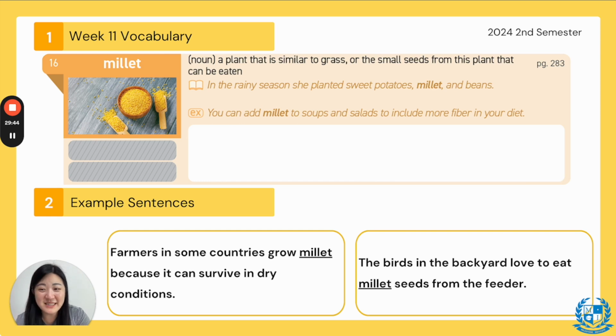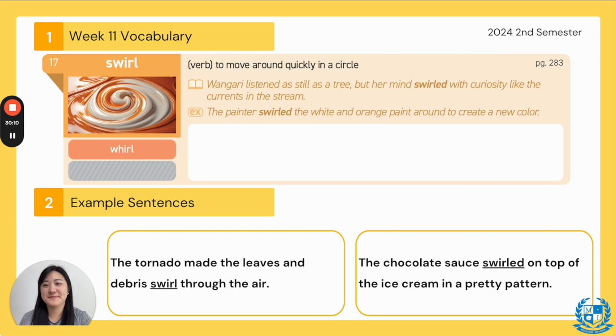I didn't know that until I was looking for a sentence to write here, and I had to research millet, and I found that out. Next sentence. It says, the birds in the backyard love to eat millet seeds from the feeder. So if you have a bird feeder in your backyard, everyone lives in an apartment here. But if you did, it could be filled with some millet seeds.